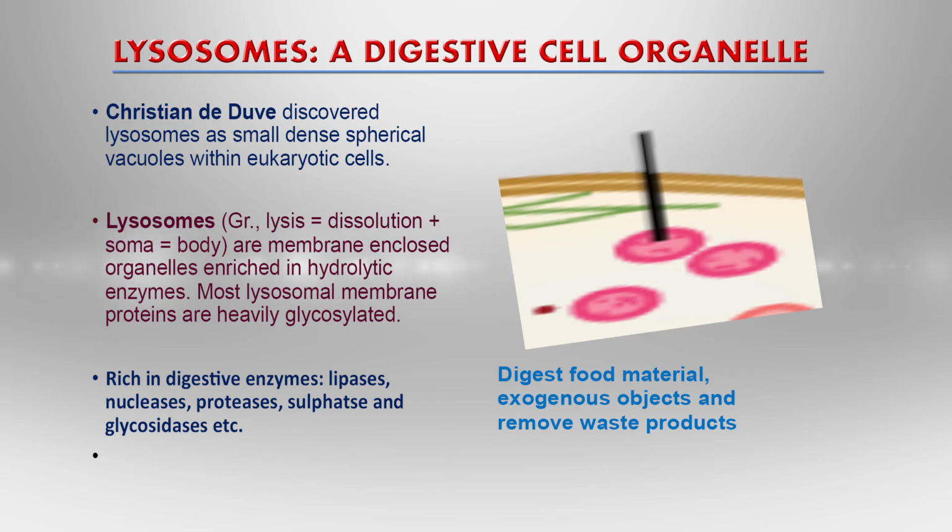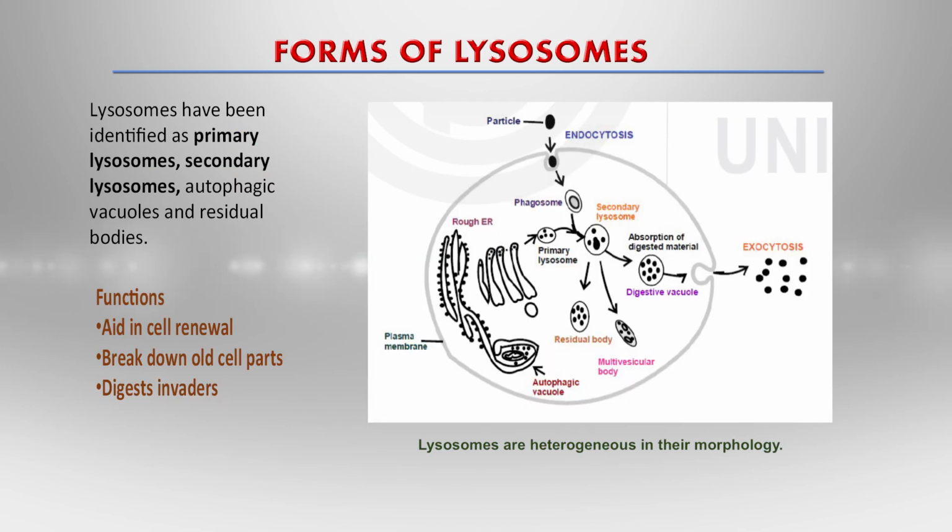The lysosome environment provides the acidic pH at which most of these hydrolytic enzymes activate to degrade different types of food molecules and exogenous objects and remove waste products from the cells. There are three forms of lysosomes based on their functions: primary lysosomes, secondary lysosomes, and autophagic vacuoles and residual bodies.